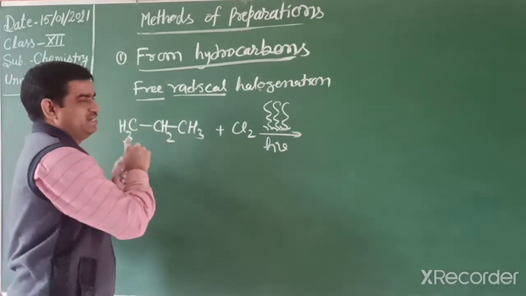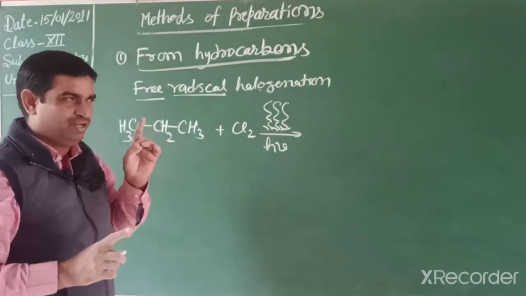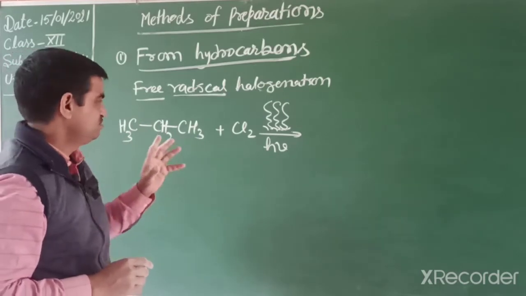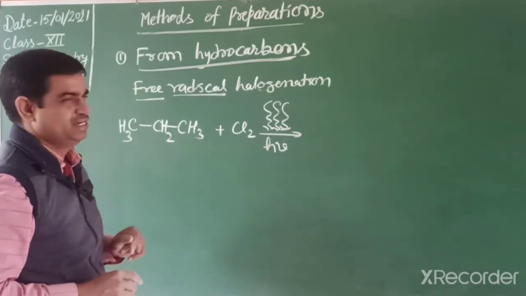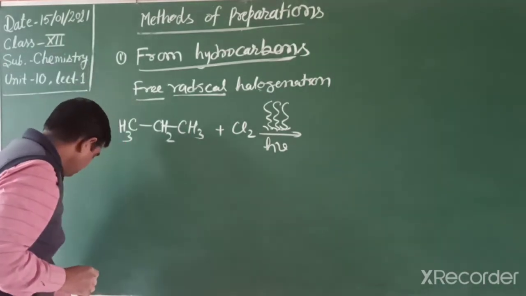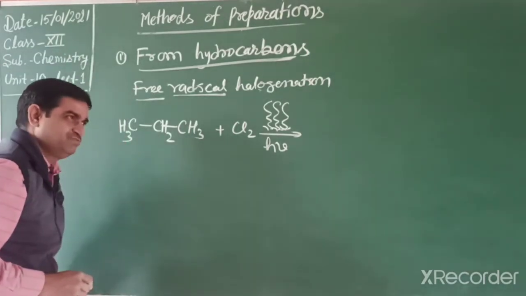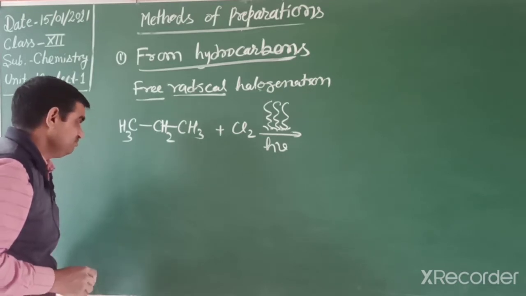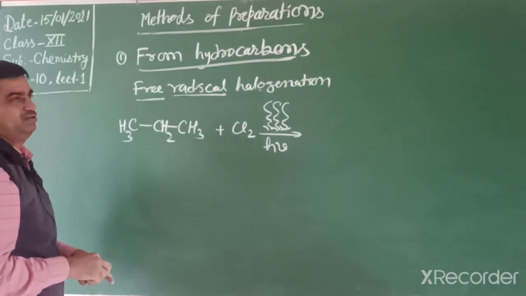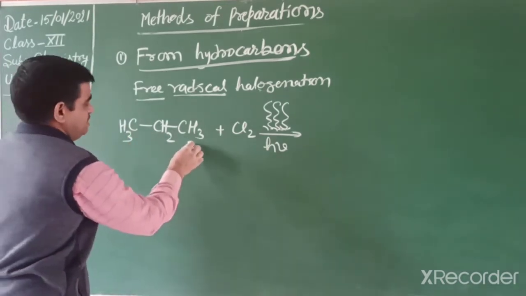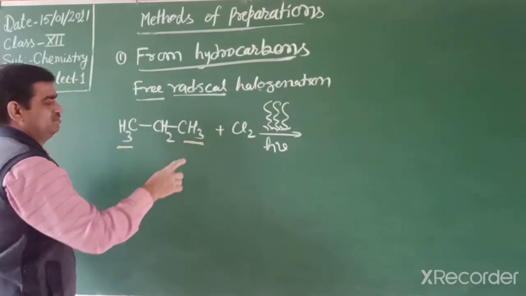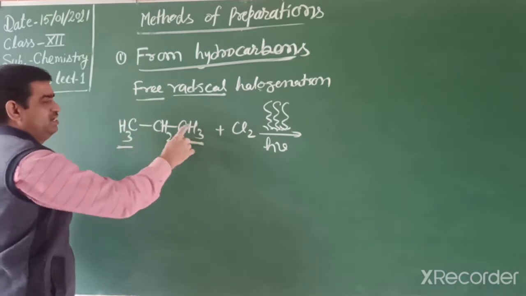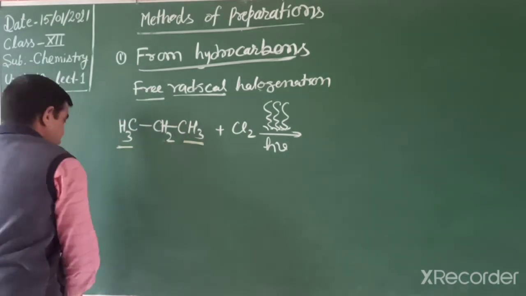But by this reaction, if we remove only one hydrogen, meaning a monochlorinated product, then we get 2 products. Why? At first we find out how many products are possible by finding the types of hydrogen in this alkane. There are 2 types of hydrogen: 6 hydrogens are similar, 2 hydrogens are different.